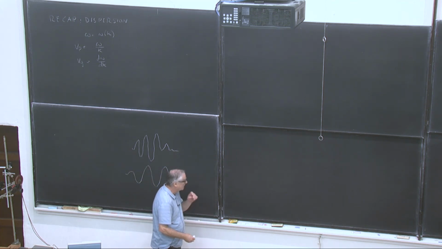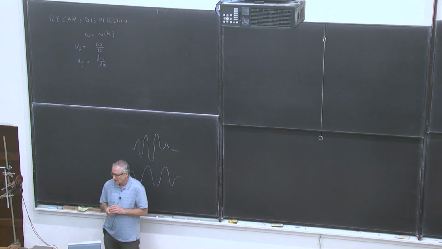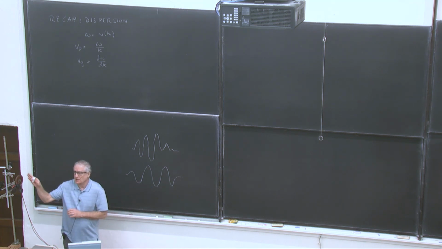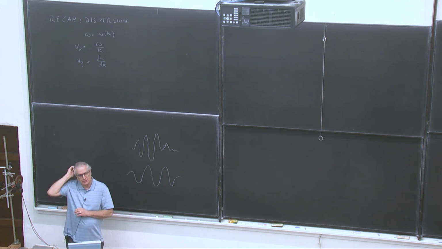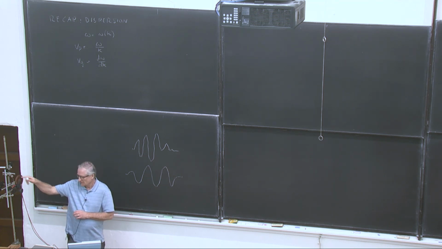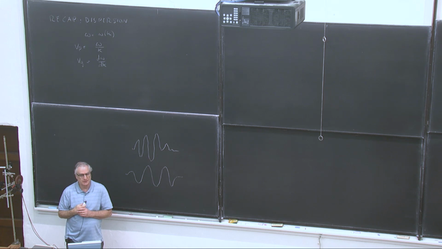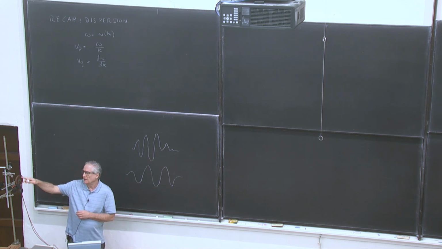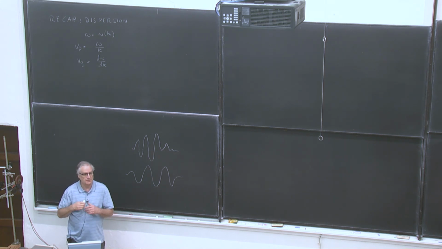So the last demonstration we have is this one over here. This is a steel wire with a rather heavy weight on it. And I can pluck the wire and see what happens to the wave on it.